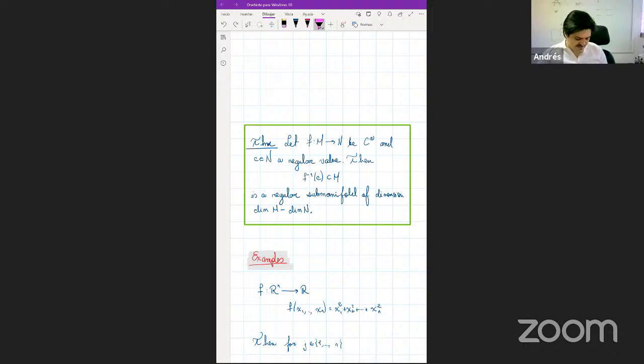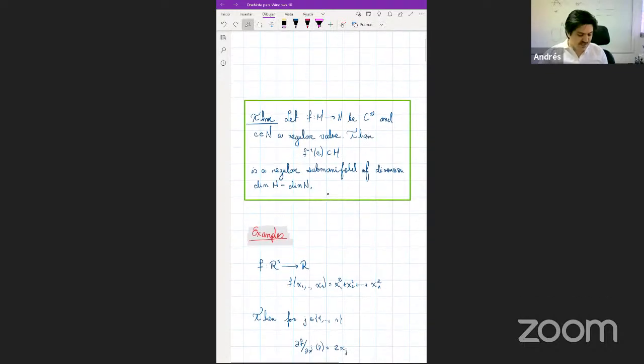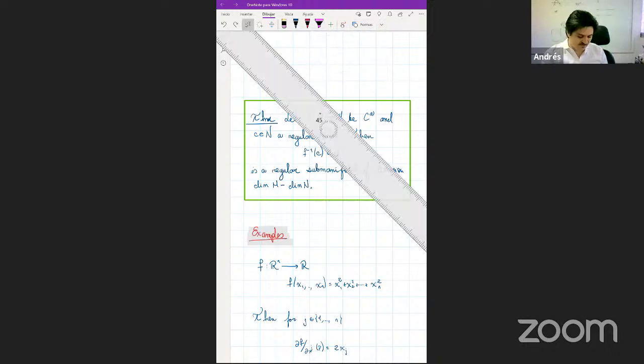Right, so we have this function, smooth, and let's try to determine what are the critical values, regular values, and at the same time critical points and regular points. Because we are in Euclidean space, we have the standard coordinates, so we can take the partial derivative, and that's what we get here.